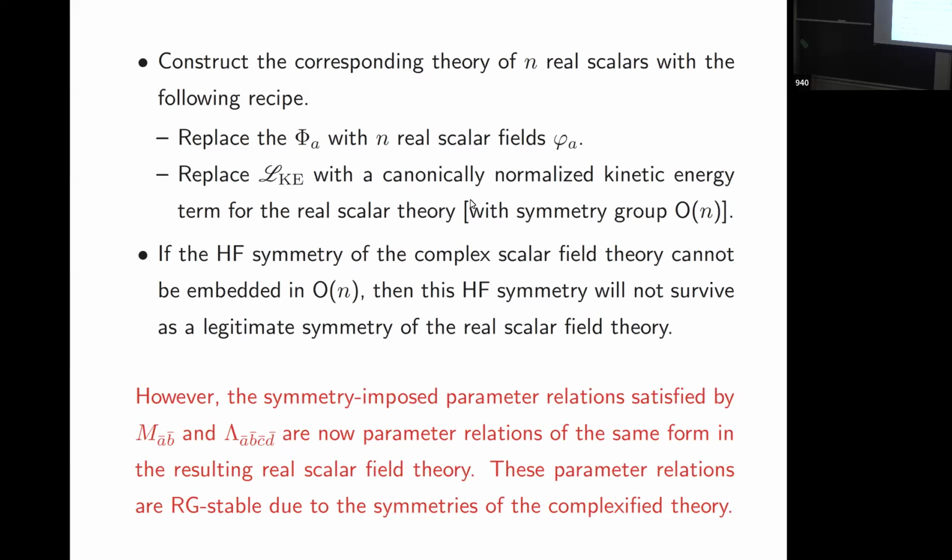That matrix, (0 i; -i 0), cannot be embedded in O(2). And that's one way of thinking about why there didn't seem to be a legitimate symmetry in the original real scalar field theory.